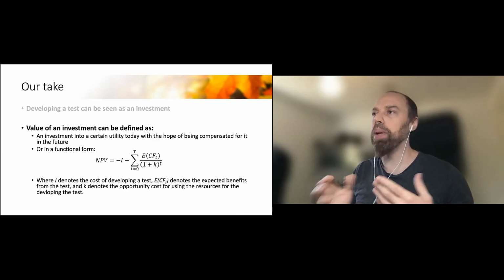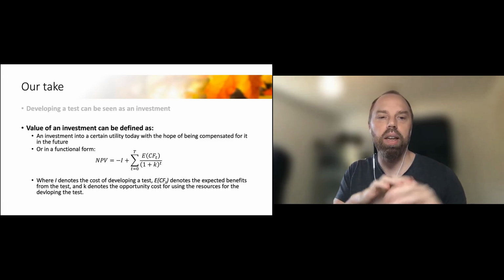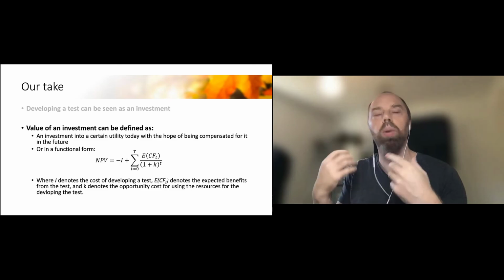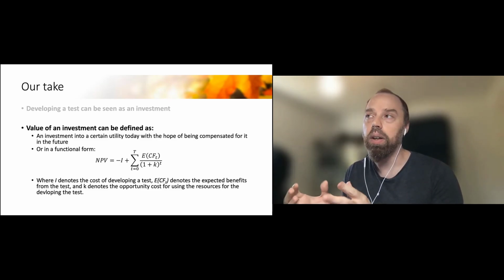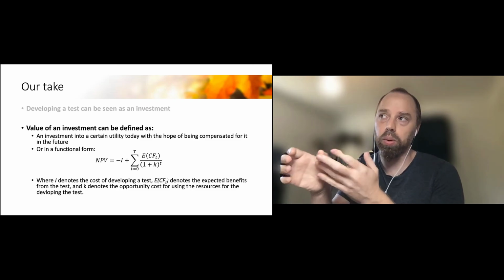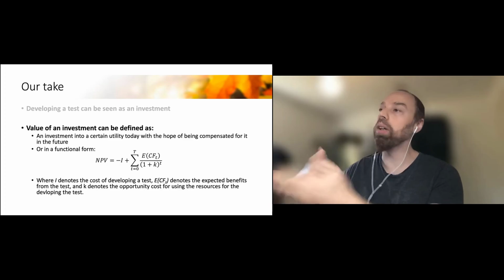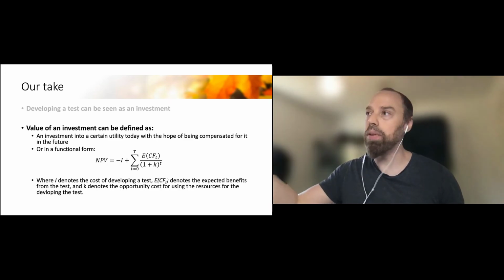So the basic model looks like this, where the basic assumption is that creating a test or adding a new testing tool or a test suite is an investment into a certain utility, which is offered by the test tool or test suite that we do today in the hopes of being compensated somehow for that in a net benefit in the future.